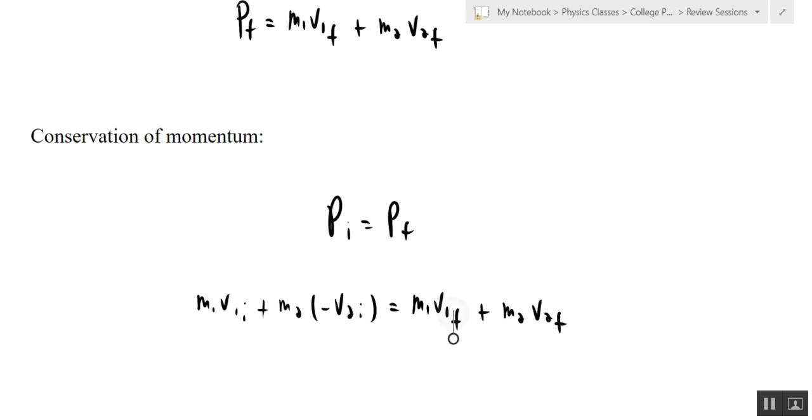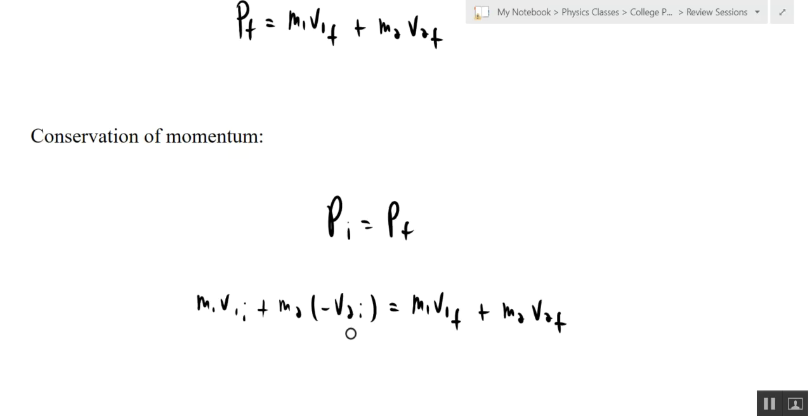So yes, V1F could be a negative number, but you write it in as just a negative number. The directions matter. If it's going in the negative direction, you have to write it as a negative number. Okay. The point is, you know V1F, V2F, M2 and V1I. The only thing you don't know is M1 and V2I. So we have to find M1 and V2I to finish the problem.